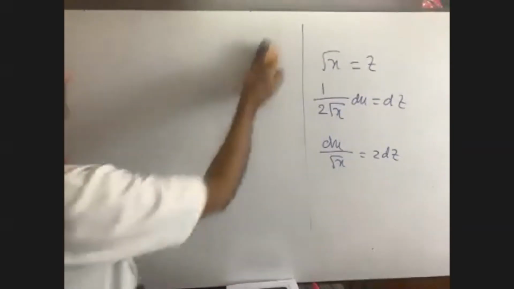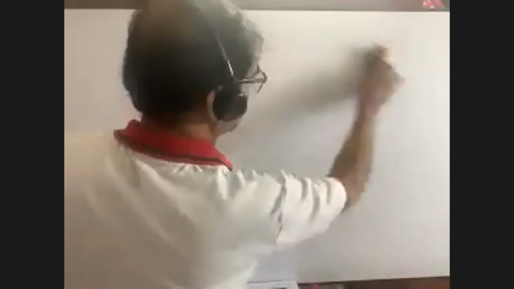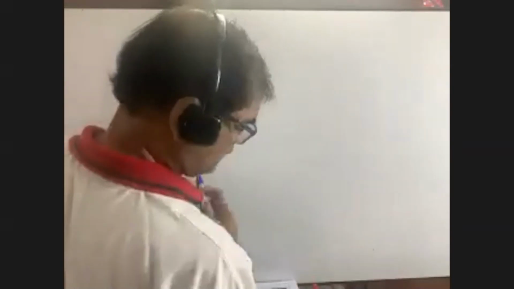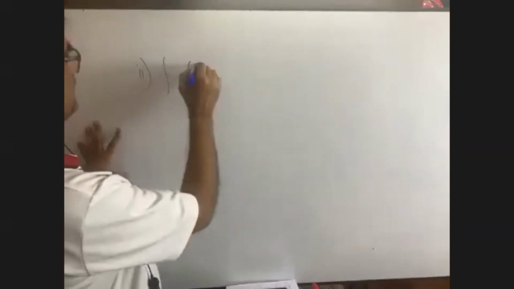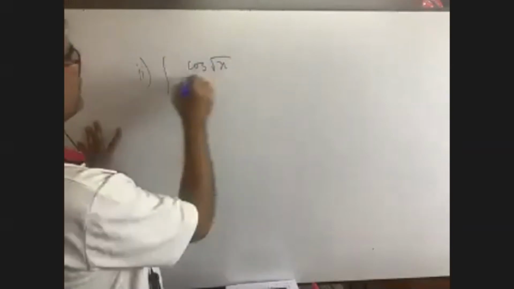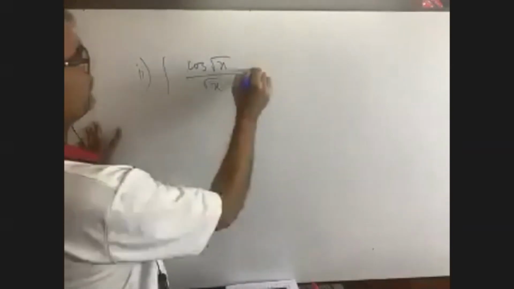Now, I think I should not do all those easy maths. I am giving you some maths as homework. If you can do, write down cosine root x by root x dx.